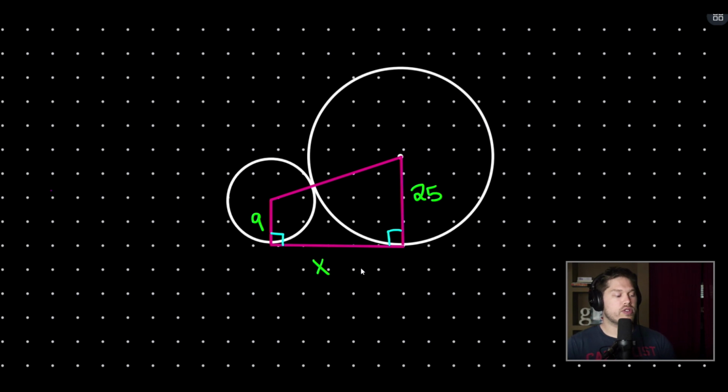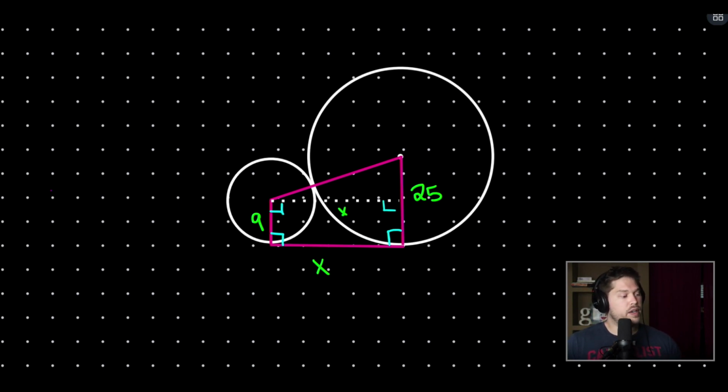So what can we do to solve for x? Well, what we can do is draw a line that's perpendicular such that it creates some rectangle. Therefore, our dotted line also has a length of x, and now we have a right triangle.